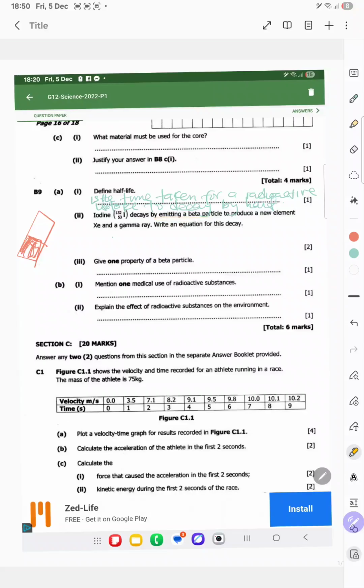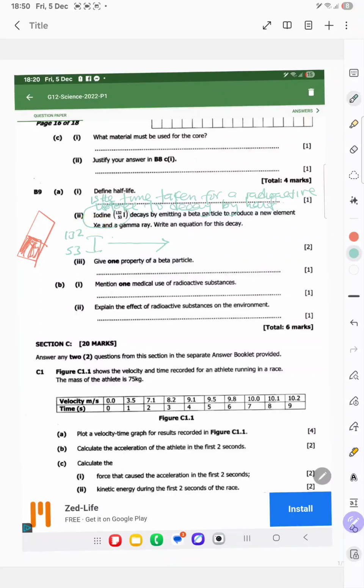So when something is emitting a beta particle, you have your iodine, which is I, mass number is 132, and the proton number is 53. If this one is undergoing beta decay, you just need to create an arrow, and then write your new particle which has been formed, which is Xe.